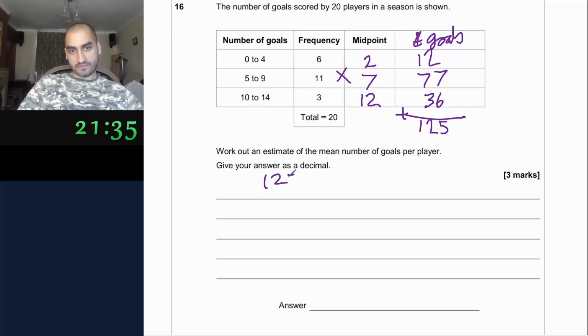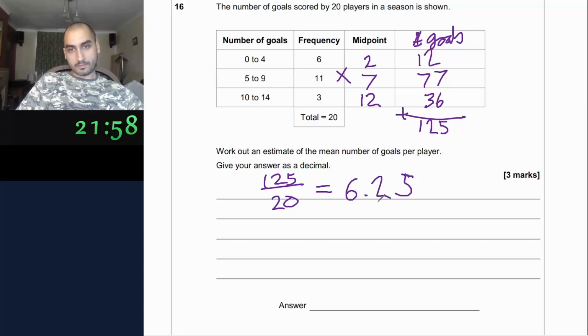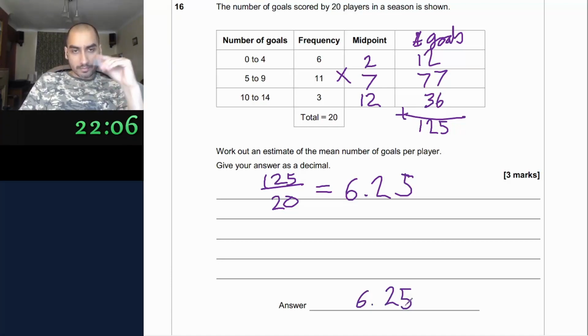So 125 goals altogether across the players divided by number of players, 20, equals about 6.25. Is that in line with these numbers? Yeah, it's about the middle, but a little bit towards the lower end because there were more 0 to 4s. That sounds right.